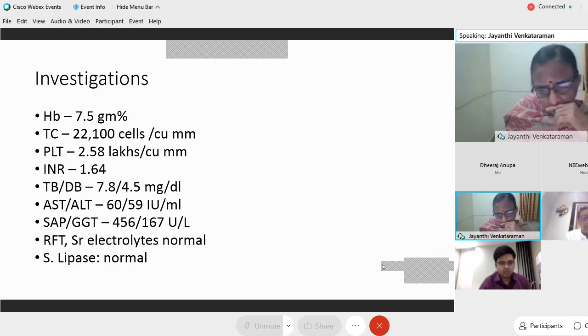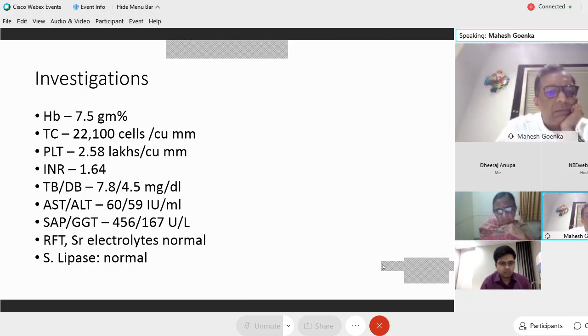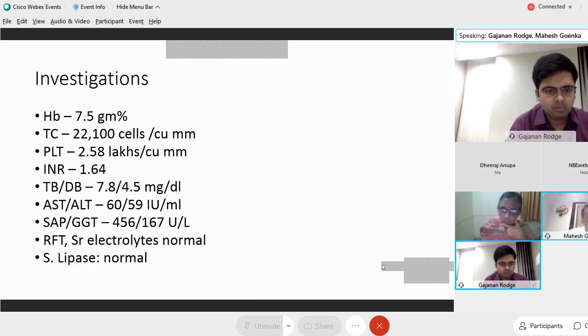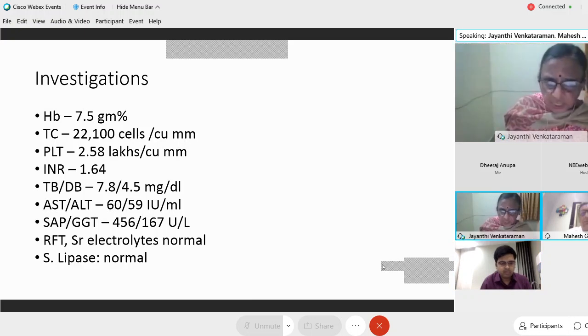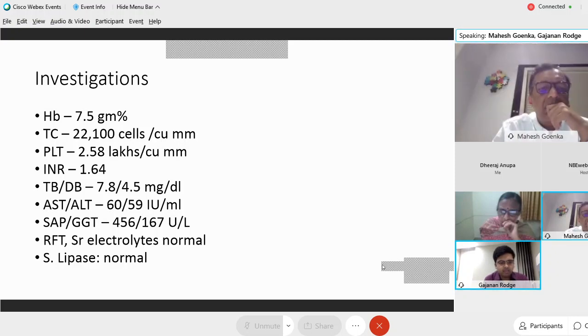Quick comment. Ma'am, as the GGT and alkaline phosphatase are high, it involves the biliary tract. Can it be ampullary carcinoma? Can ampullary carcinoma manifest as cholangitis? Yes, ma'am, it can, but as the GGT and alkaline phosphatase are high, it is a possibility.